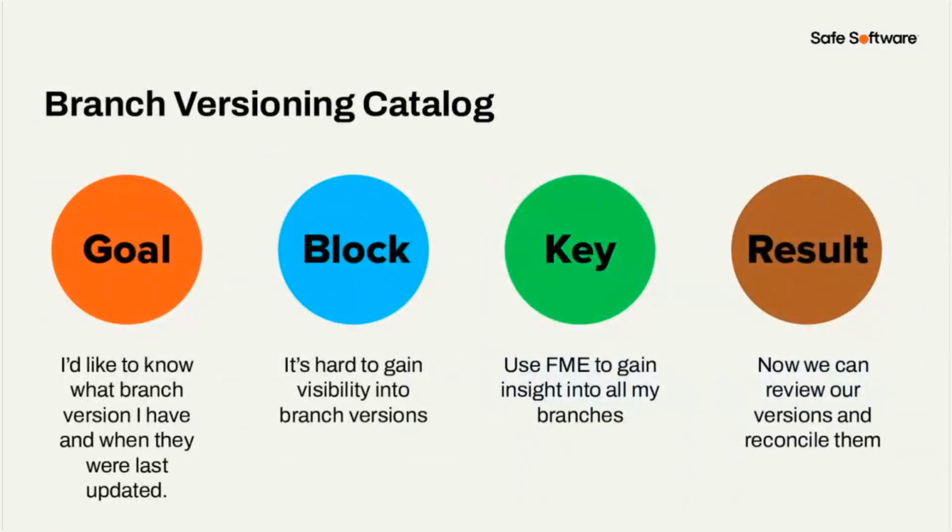So this demo idea came from Trent. He mentioned to me that oftentimes users have a lot of different versions of their data sets, and they're not sure which one is actively used or not. And it can get really complex because you can have so many different versions using branch versions.